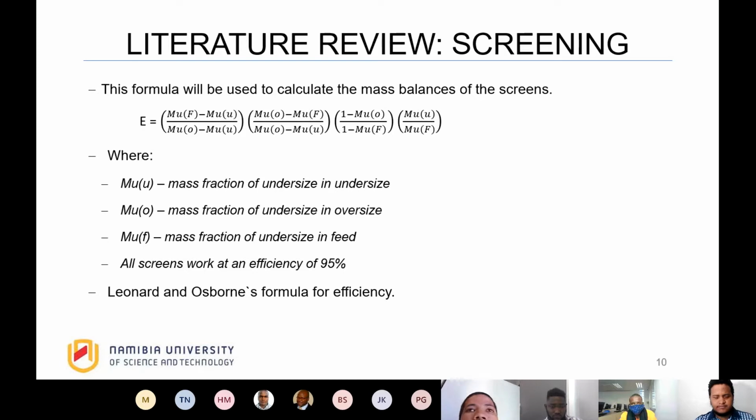So the efficiency of the screens we are going to use is very important, and this is the formula which will be used. The people who came up with the formula are Leonard and Osborne.